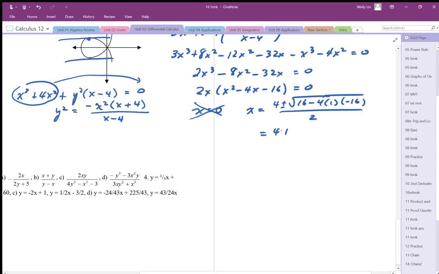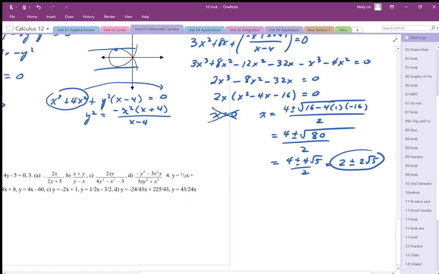Solving this, I get 4 plus or minus the square root of 80, over 2. I should simplify that. So I end up with 2 plus or minus 2 root 5.